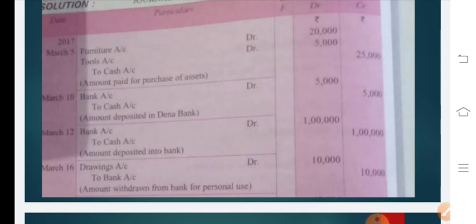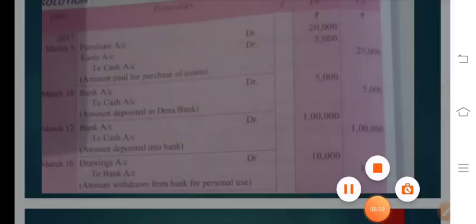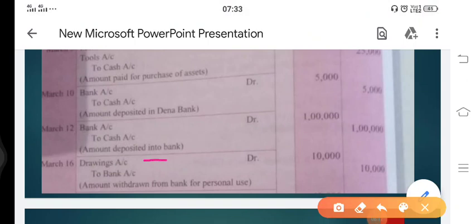So drawing, definitely it is a debit because it is reverse to capital. It will reduce our capital. So drawing account debit. As you can see here, drawing account debit with 10,000. At the same time, he withdrew that amount from bank.